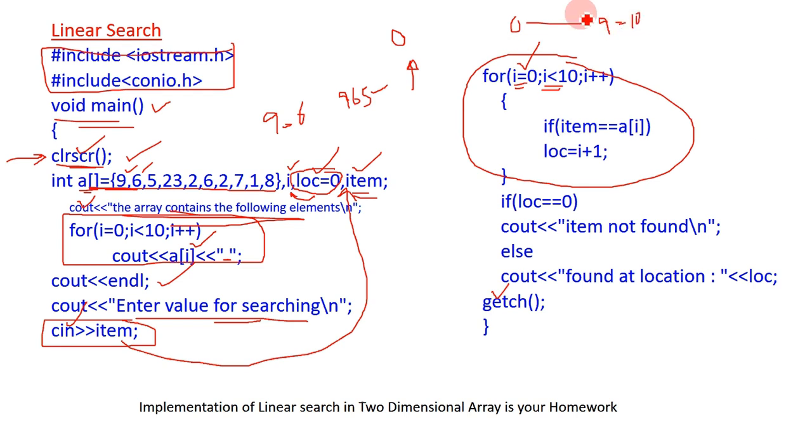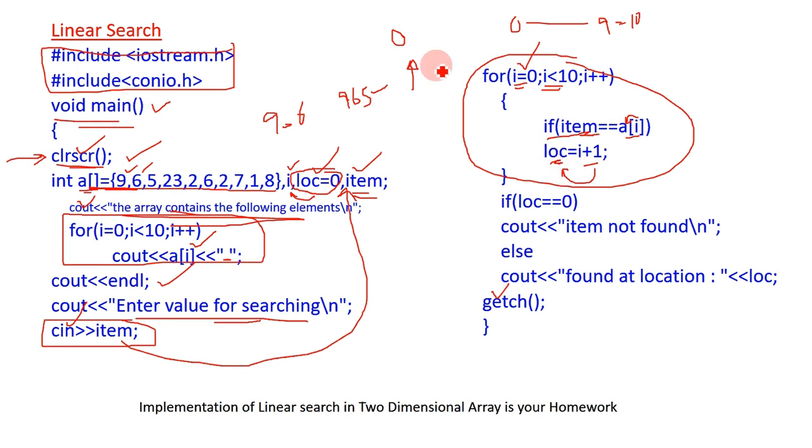And I plus plus, and this is the if statement. If the item is equal to the value at the ith location, from the 0th location till the 9th location, at any point if the item is found, then we assign that index to the location, I plus 1. Why plus 1?